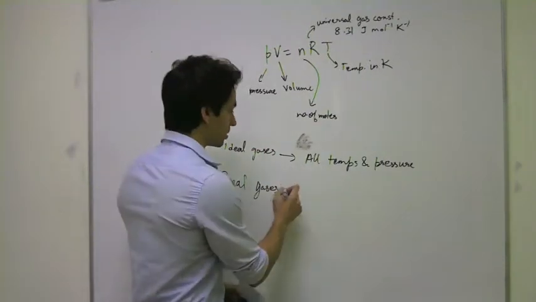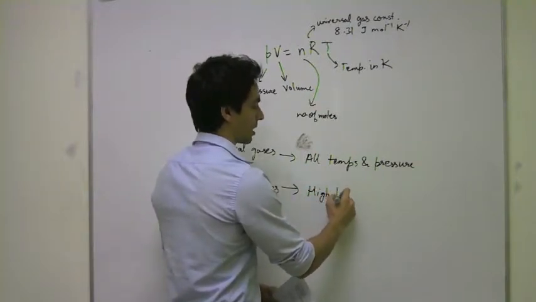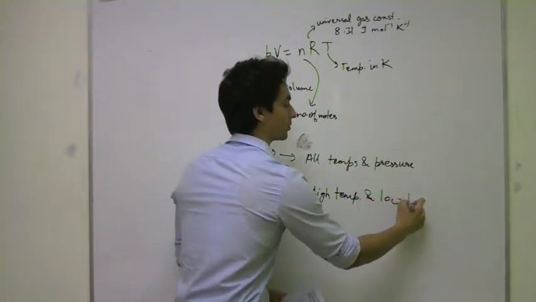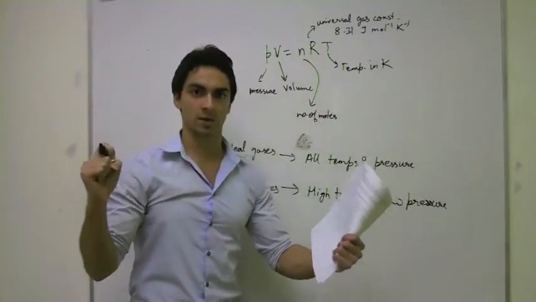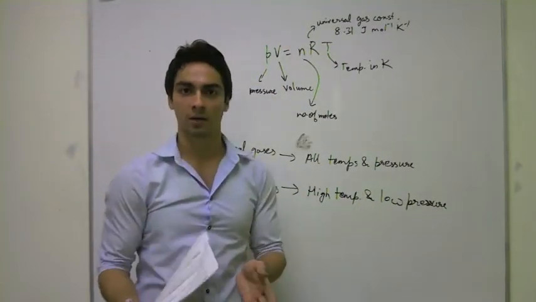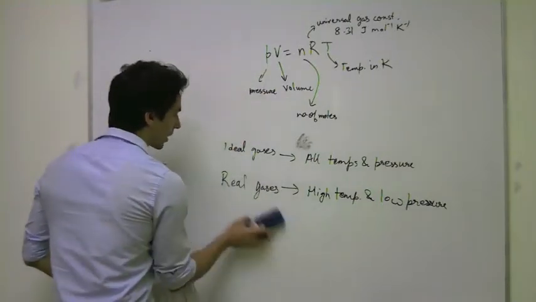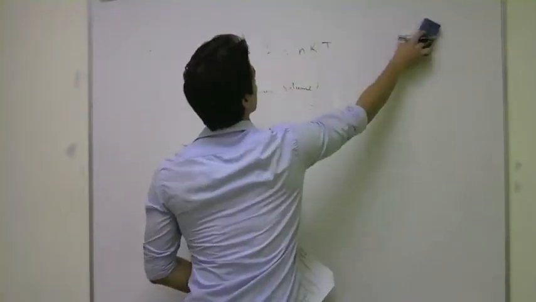Those conditions would be high temperatures and low pressure. Okay, when there's low pressure, the molecules are spaced out far apart, and therefore the intermolecular forces of attraction are negligible.